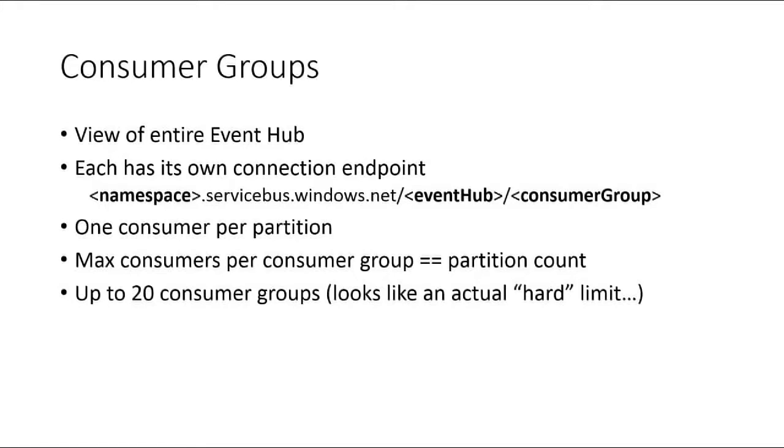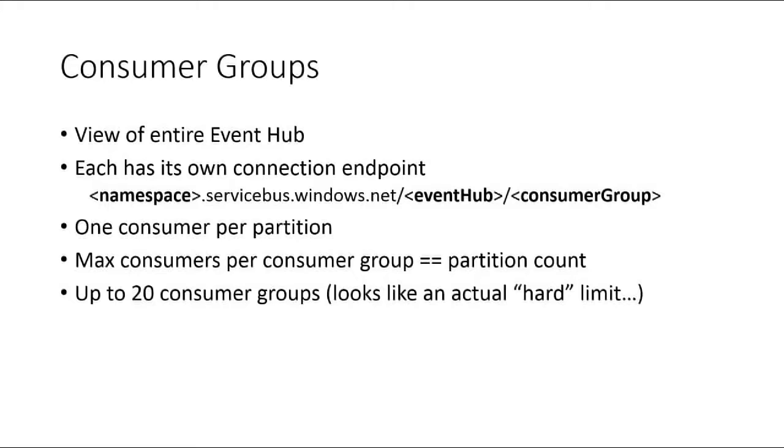And then finally, consumer groups. Consumer groups are basically a view into the Event Hub. You can have multiple consumer groups, actually up to 20. And it does look like it's a hard limit, interestingly. But that's a lot. You probably won't have more than 20 consumer groups.